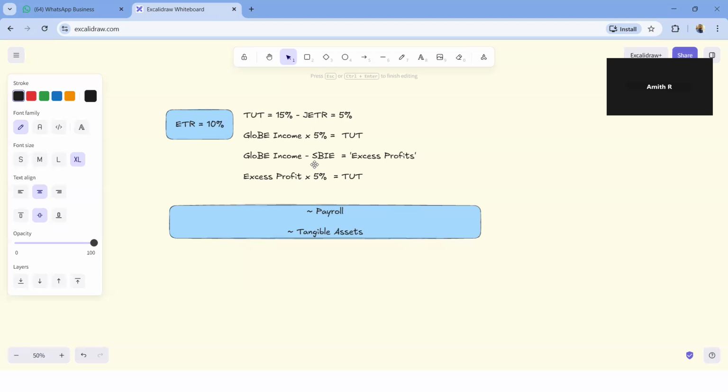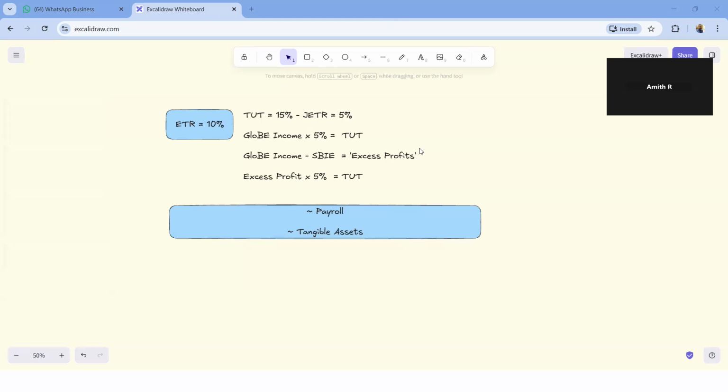They are taxing it based on how much substance the company has, so it is fair for everyone. Point noted. That's the rationale. That's well articulated there, Sahil. But the thing is, this GloBE income would already have this, right?